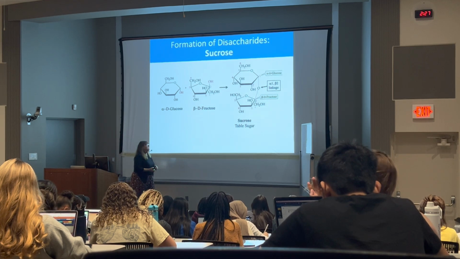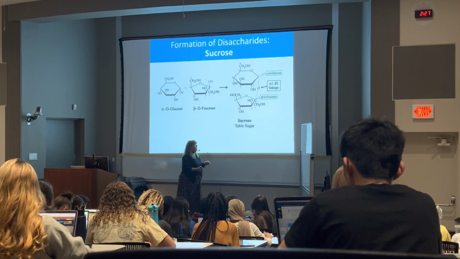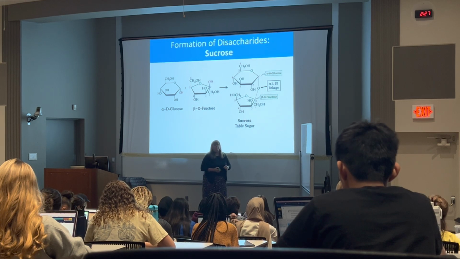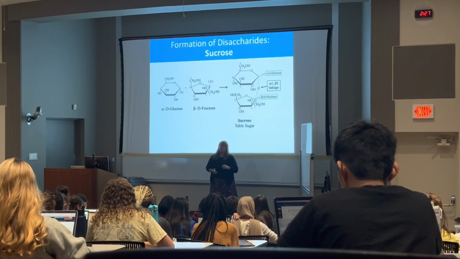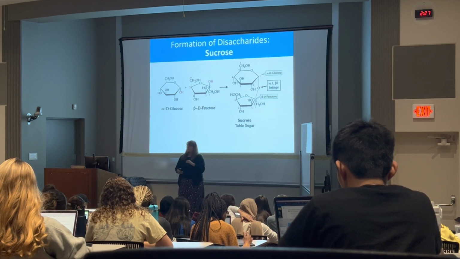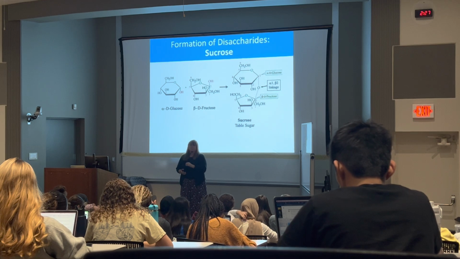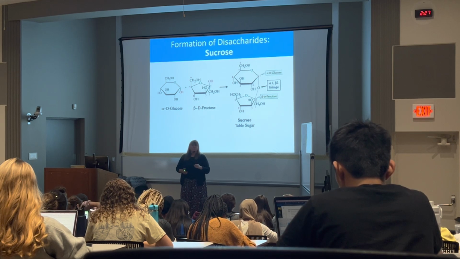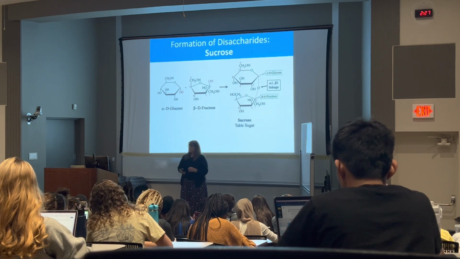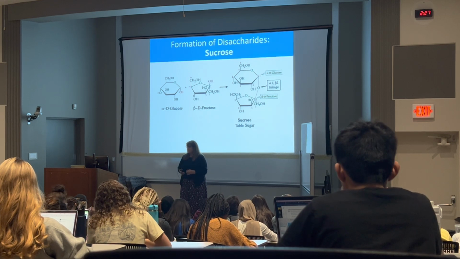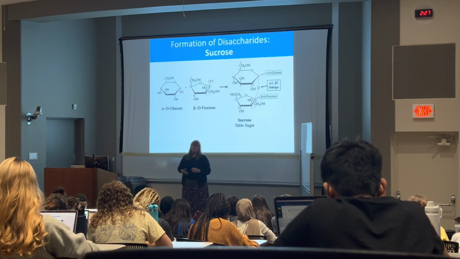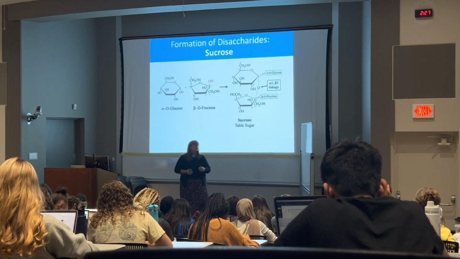This linkage is an alpha 1 beta 2 linkage because it involves both anomeric carbons. It involves the anomeric carbon from glucose and the glycosidic bond forms to the anomeric carbon of fructose. So because both anomeric carbons are involved in the glycosidic bond, we have to label them.